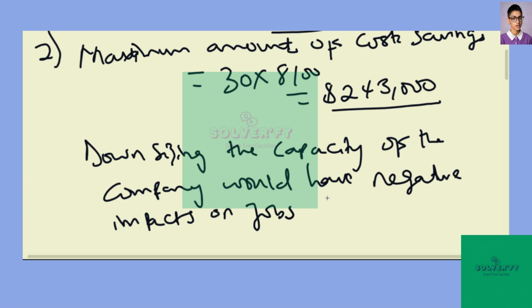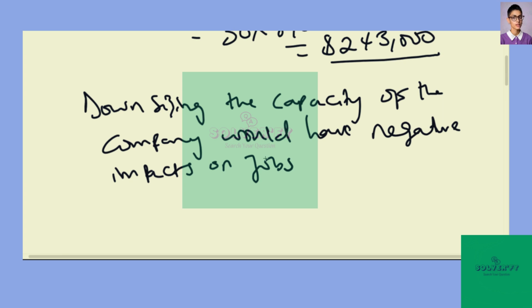Downsizing the unused manufacturing capacity would have a negative impact on the jobs and the culture of the company. So these are things the company should look at before doing that.